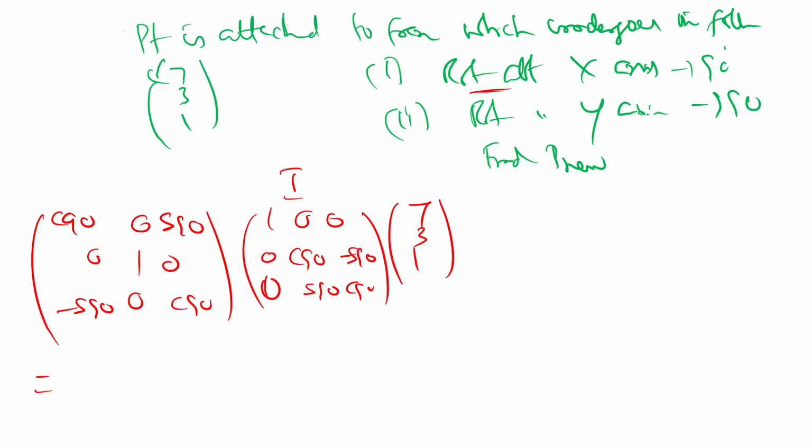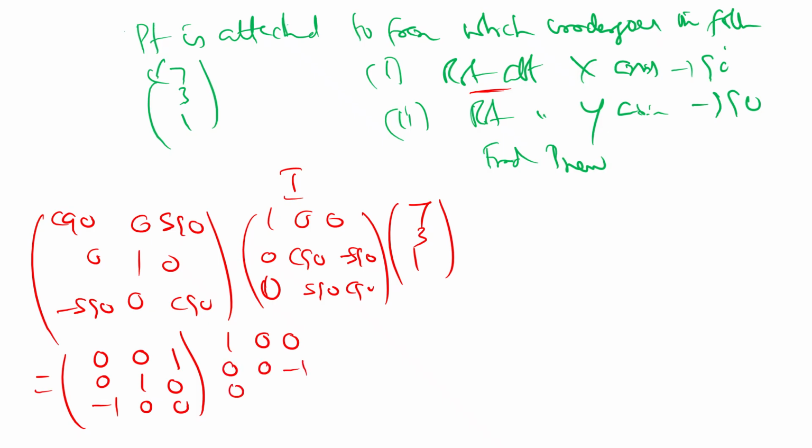So what is cos 90? Let's check. Cos 90 is 0, 0, 1; then 0, 1, 0; then minus 1, 0, 0. Here 1, 0, 0; 0, 0, minus 1; then 0, sin 90 is 1, cos 90 is 0.